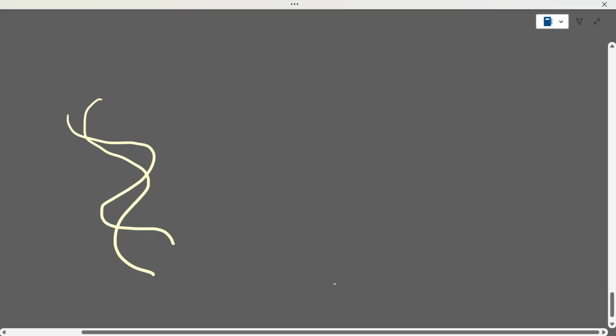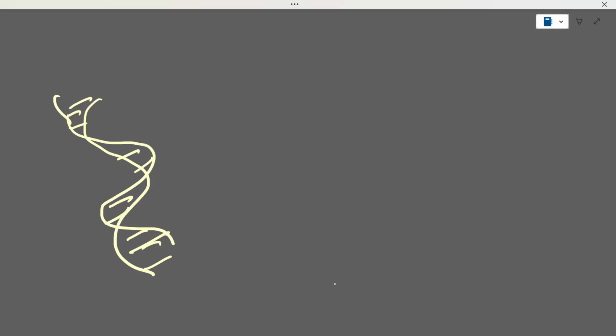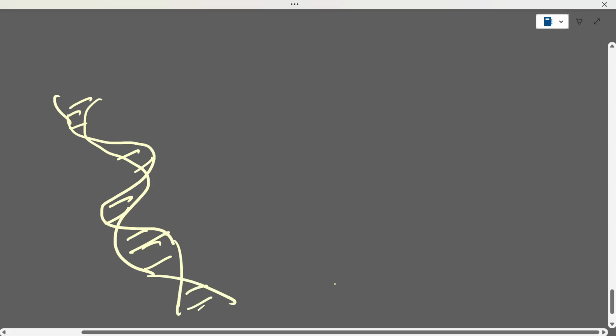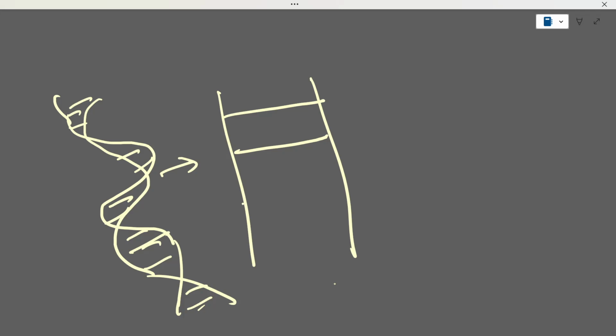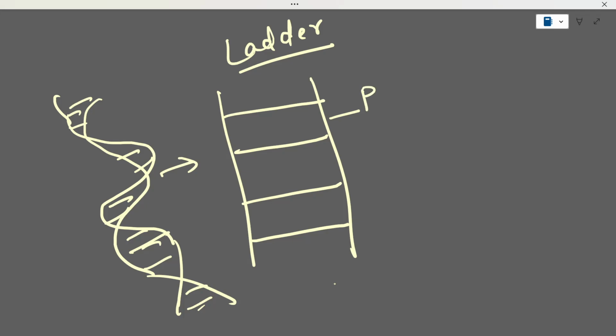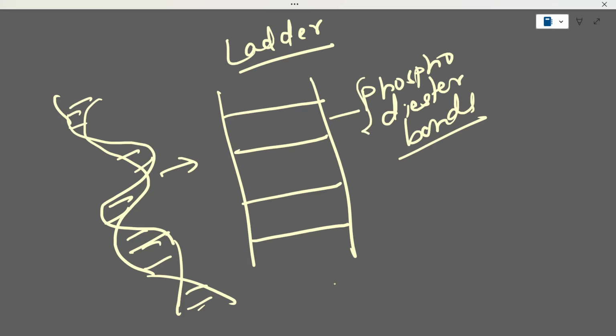Let's have a clear explanation. Let's say this is the double helical structure of DNA, and when it is unwound, it is formed like a ladder in which the handles are phosphodiester bonds, or in simple terms, sugar phosphate bonds.